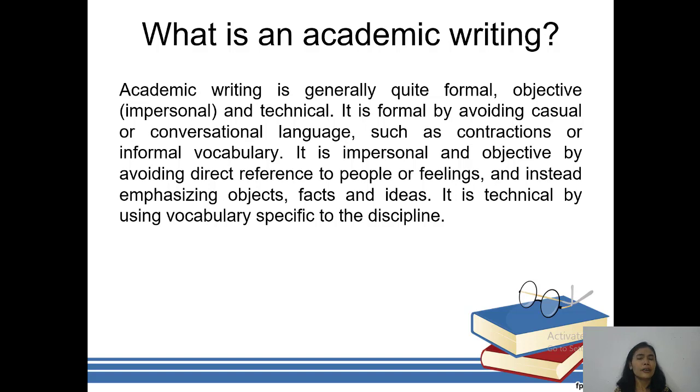It is very technical in terms of language because it uses vocabulary specific to the discipline. For example, if you are an IT or computer technology student, the vocabulary in your academic writing will relate much more to your subject or discipline.